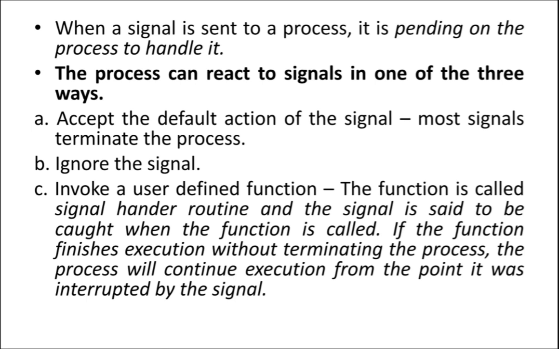The process has to catch the signal. After catching the signal, it should invoke a user defined function. Some function will be there that tells what to do when a signal is caught. That action should be taken care of by the process.